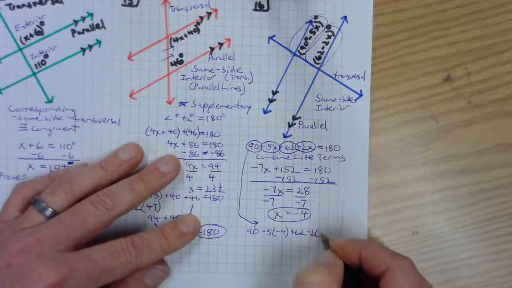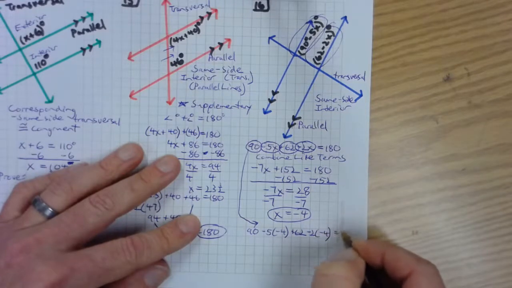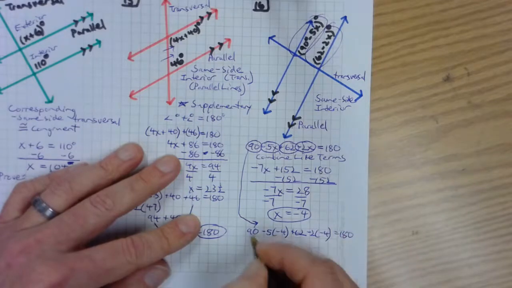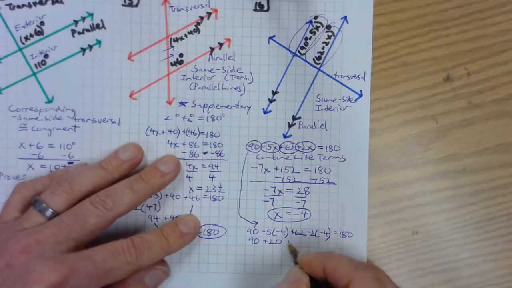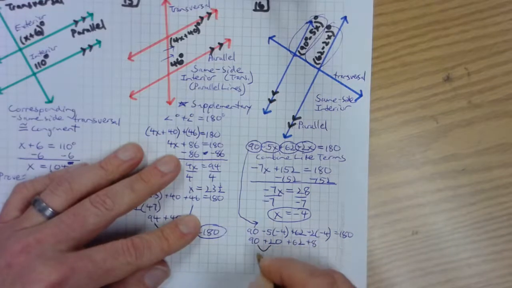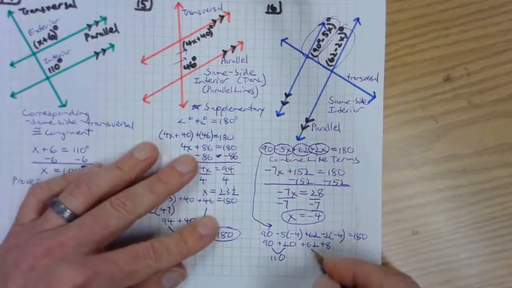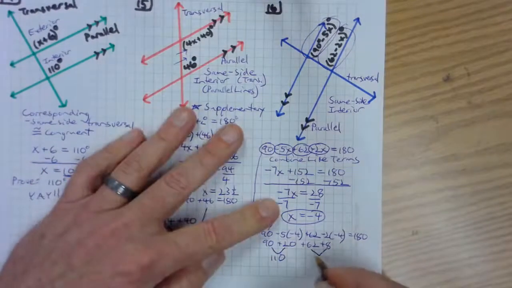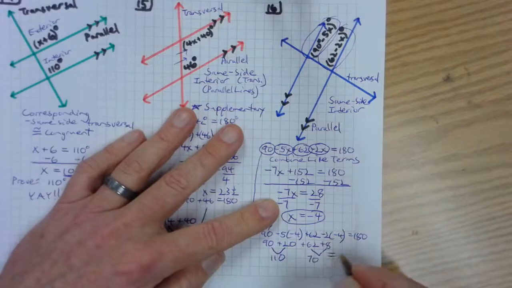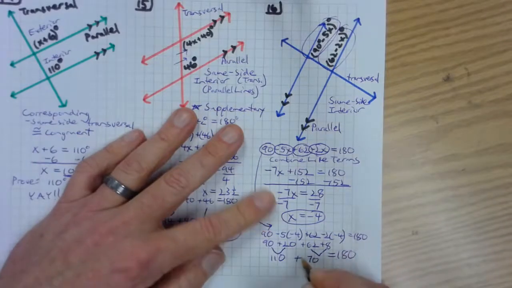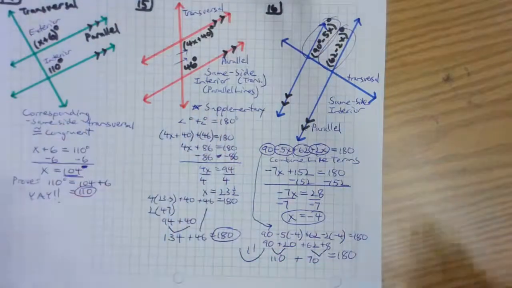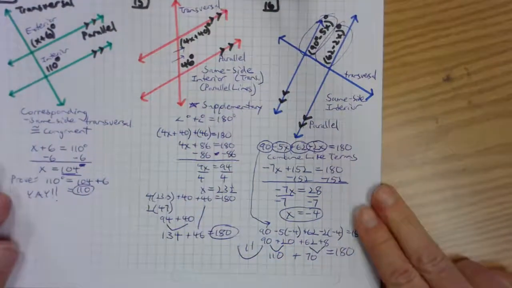Minus 2 times negative 4 equals 180. I sure hope this one works out. 90 plus 20 plus 62 plus 8. This is 110. These are called subproblems, smaller pieces, which when put back together, make the bigger problem. Yay! So we just did 3 problems.